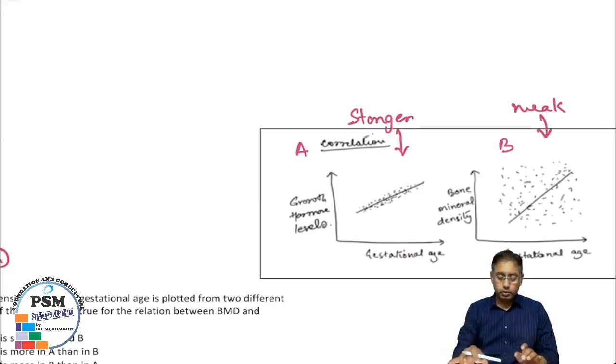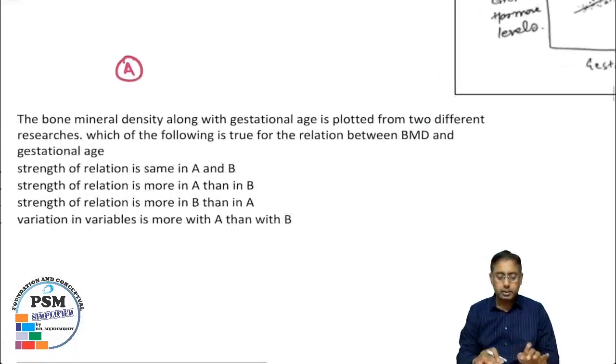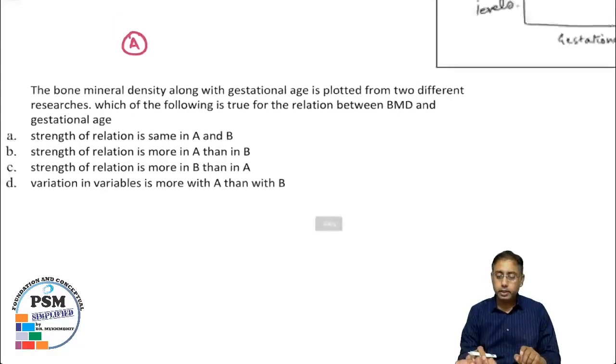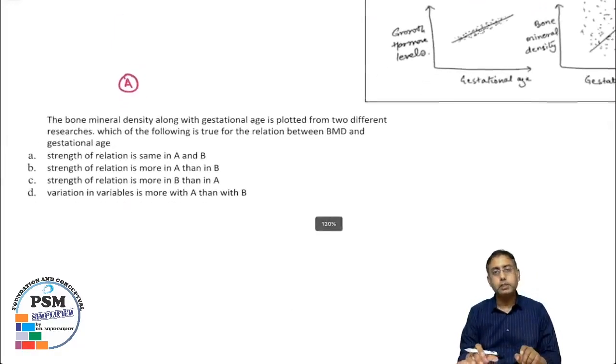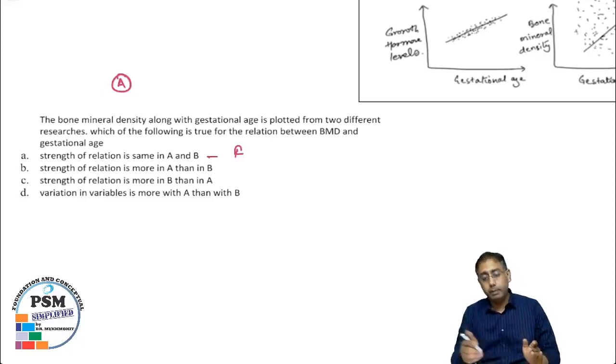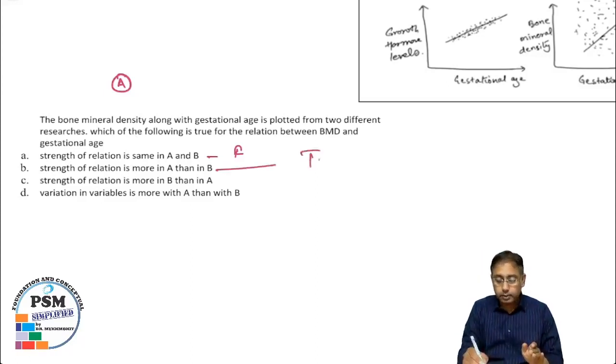Okay. So if you understand this, now let us come to the MCQ. The bone mineral density was plotted in two graphs. Strength of relation is the same in A and B. As you can see, the strength of relation is not the same. This is false. Strength of relation is more in A than in B. This is a true statement.